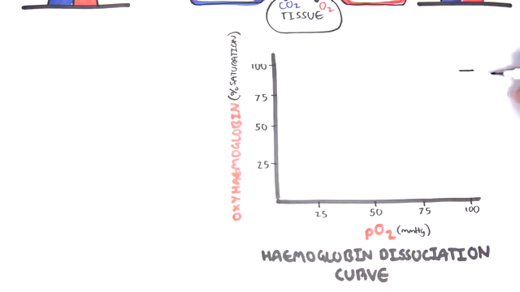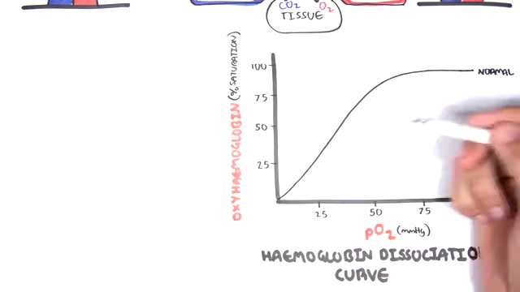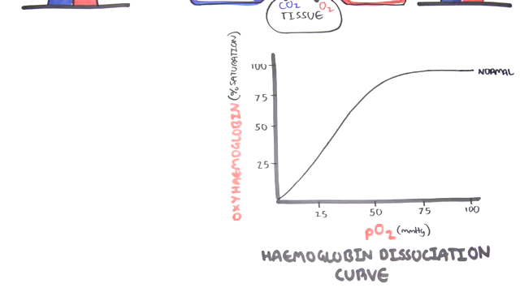So the oxygen hemoglobin dissociation curve has a characteristic sigmoid shape due to the tense and relaxed configuration interconversion. There is a plateau here where the partial pressure of oxygen is nearly high.